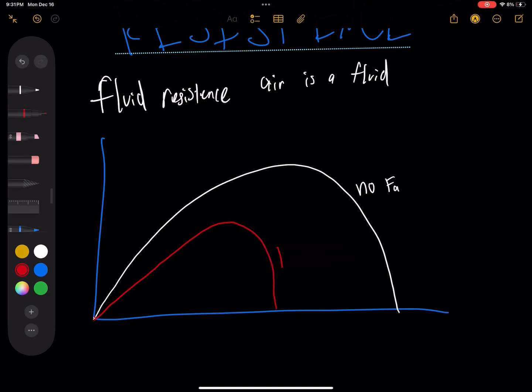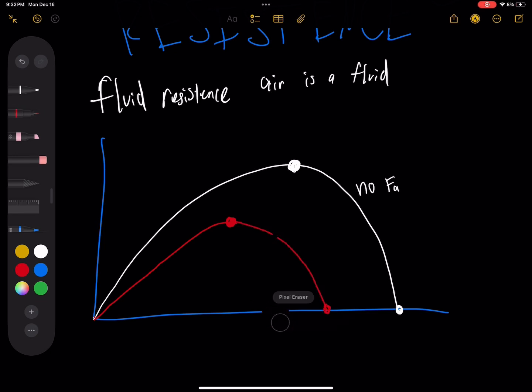So that's going to be FA. And then let's draw the vertex and points. Actually, I'm going to be really consistent, so I'm going to slightly redraw this. It's going to make sense in a second.